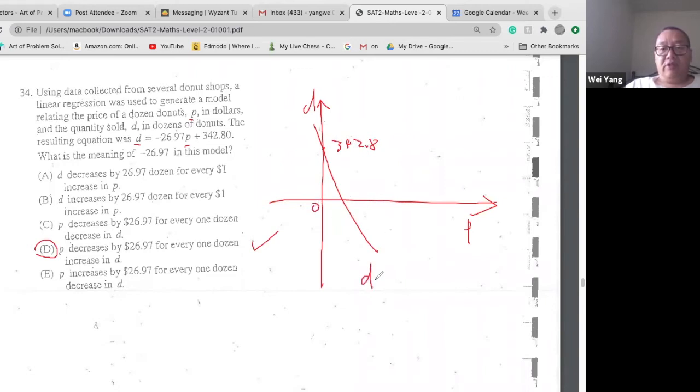Then the equation is D equals negative 26.97 P plus 342.8. So that means when P decreases by this for every $1, then D will increase. So yeah, when the price goes down, then your sales go up. When the price goes up, your sales go down.